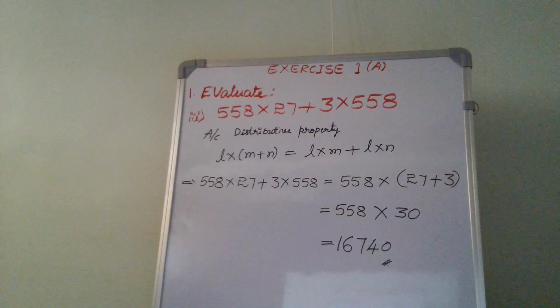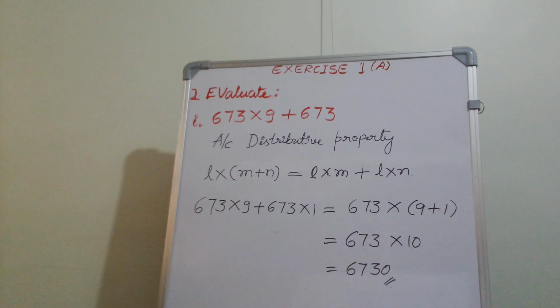Now the second main. First one is 673 into 9 plus 673. This is also the same as the previous one, but the another number n is missing, right? But if you multiply 673 into 1, it's the same as 673. 673 into 1 is equal to 673 only.